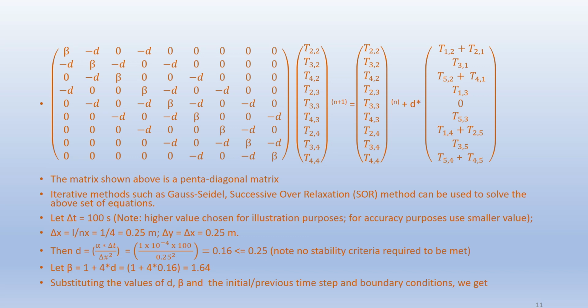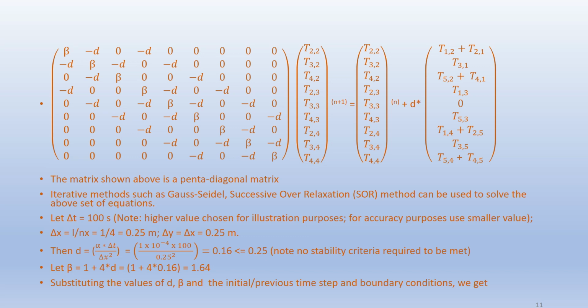Let delta t equal 100 seconds. Note we have chosen a higher value for illustration purposes only. For accuracy purposes, you need to use a smaller value of delta t. Delta x equals L over nx, which equals 1 over 4 equals 0.25 meters.